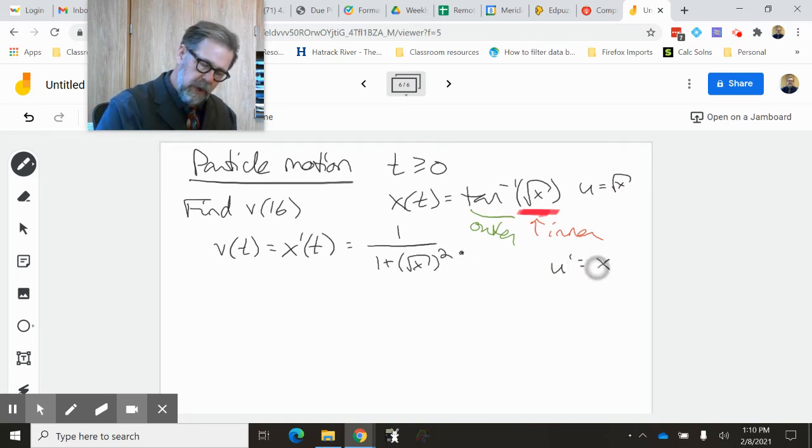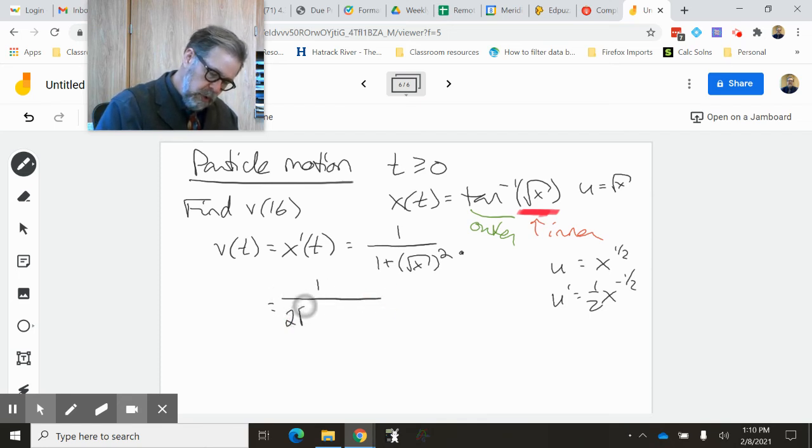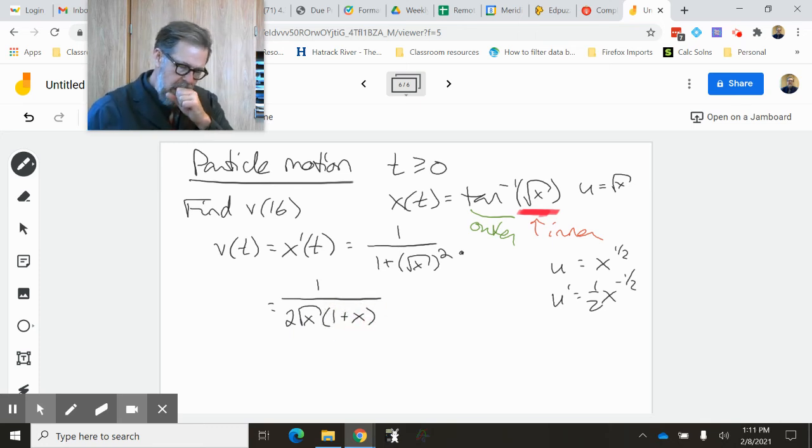Well, we'll just go ahead and write this one out. We've got x to the 1/2. U is equal to x to the 1/2, which means that the derivative of u is 1/2 x to the negative 1/2. So here we've got that the velocity at time t is 1 over 2 root x times 1 plus square root of x squared.